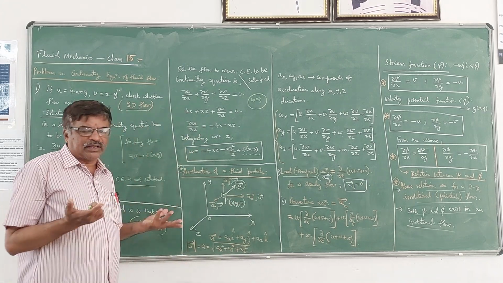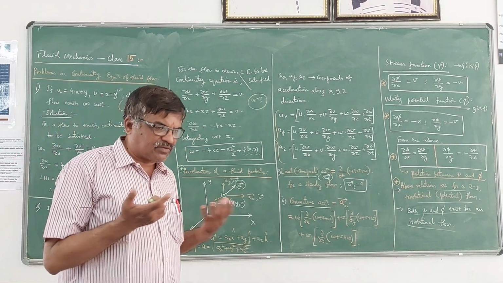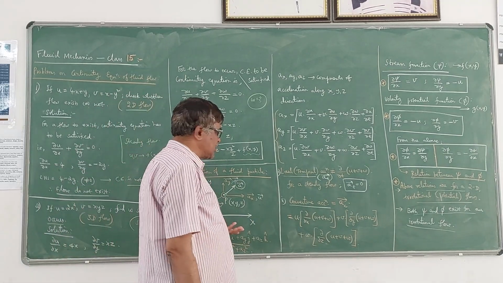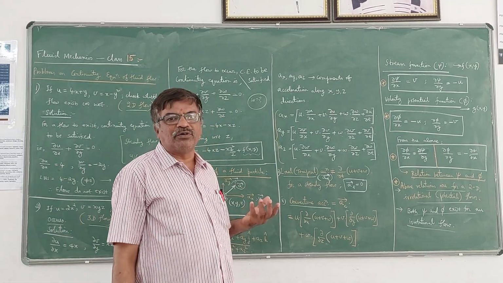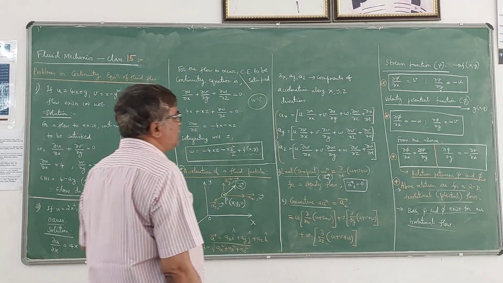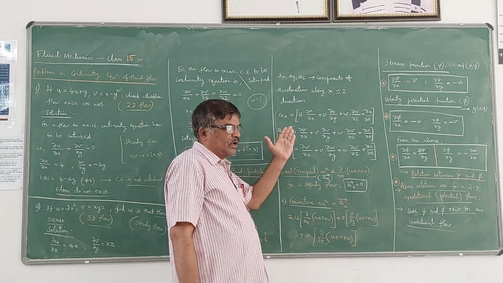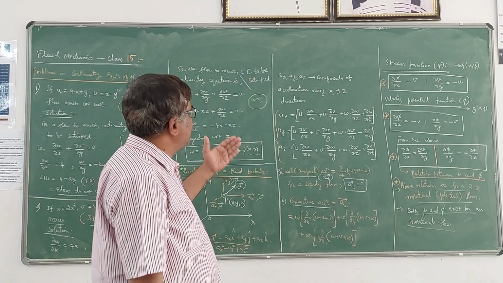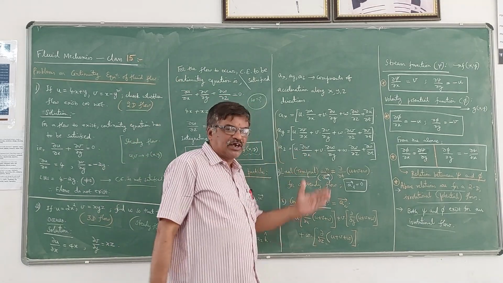So by knowing the values of x, y, z at a particular point, by substituting them, you can always find out the velocity as well as the acceleration at the required point. Now here, just similar to u, v, w as components of velocity, you have ax, ay, az as components of acceleration.